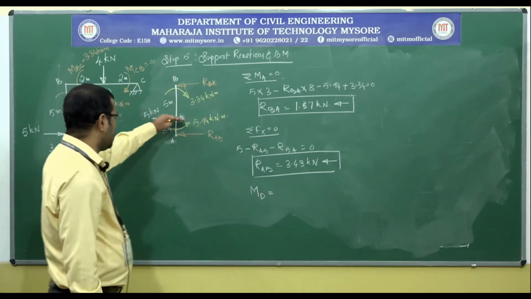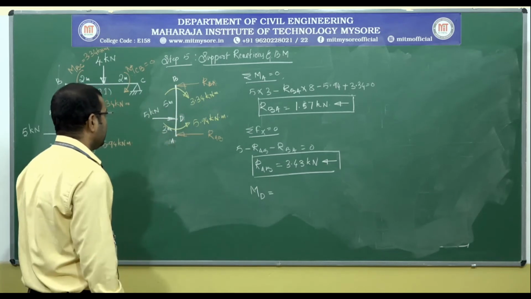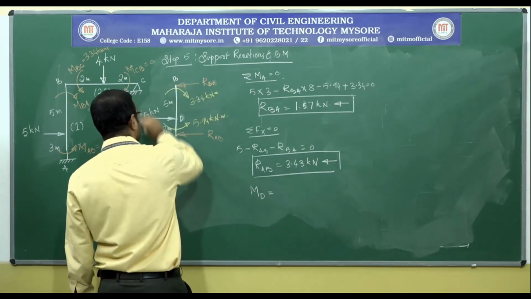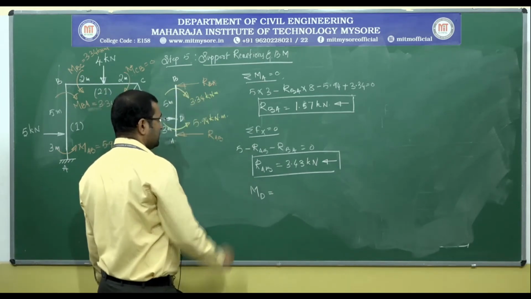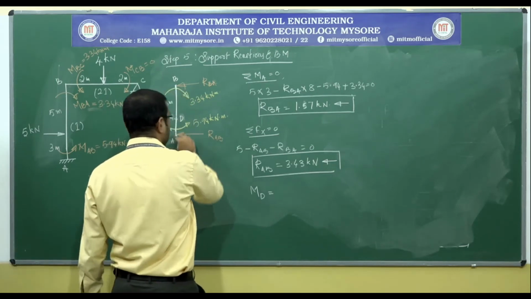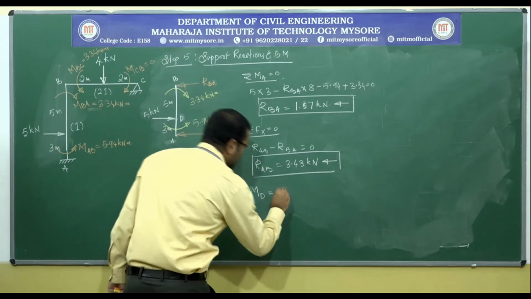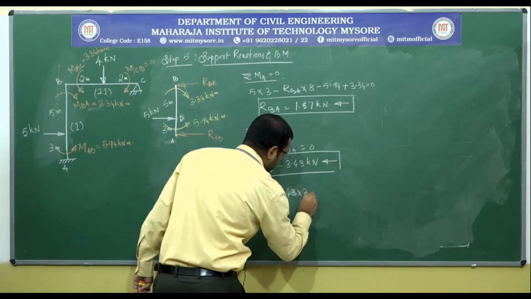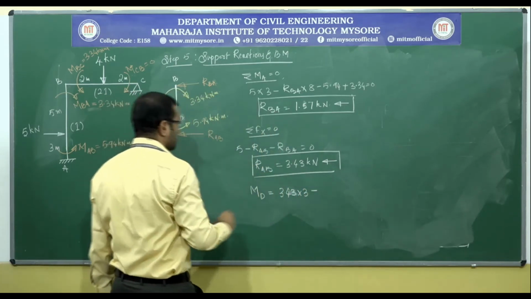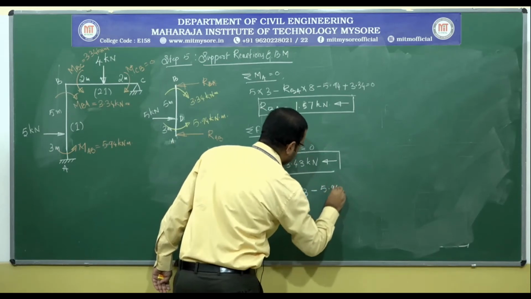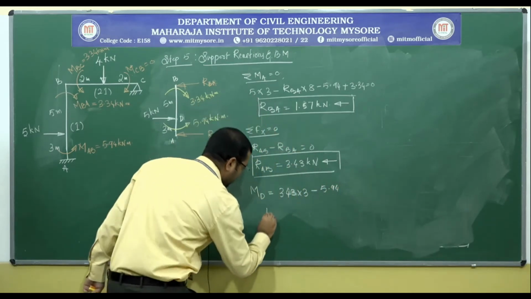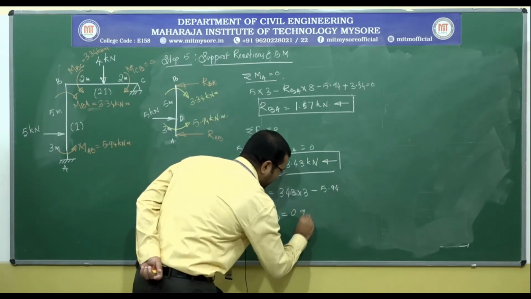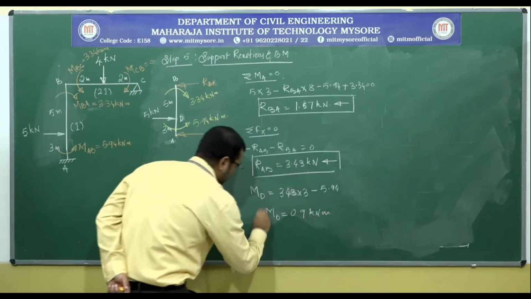So for this, if I consider the lower portion of the member, on this side we have RAB which is creating a clockwise moment. So RAB into its perpendicular distance 3. So RAB is 3.43 into 3, minus we have an anticlockwise moment, that is minus 5.94, which gives me a value of MD as 0.9 kilonewton meter.